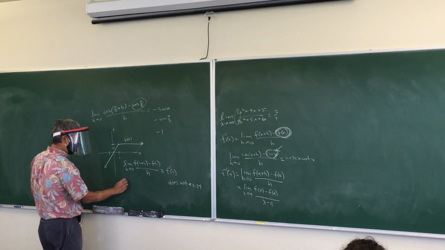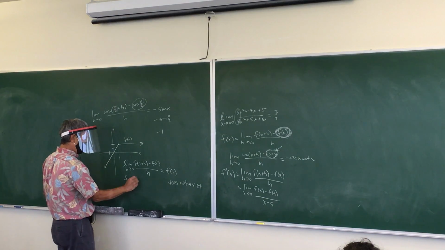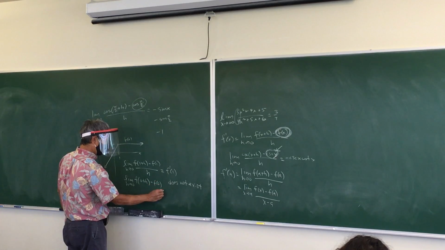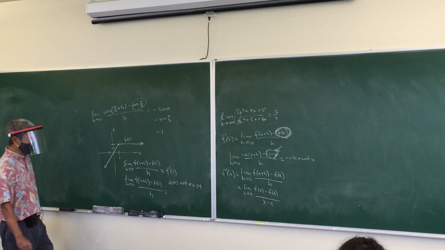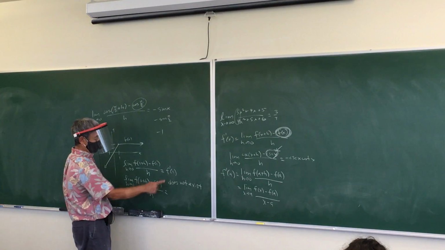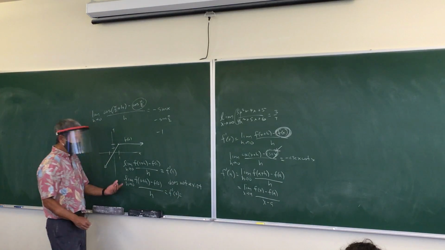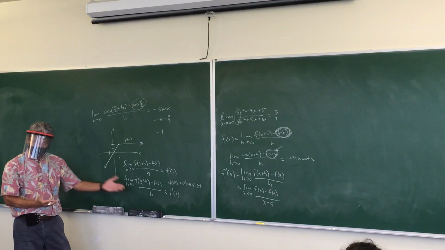Okay, what about this? What is the limit as h approaches 0 of f of 0 plus h minus f of 0, all over h? Well, what is that equal to then? F prime of 0, right? Whatever number is here, you're computing the slope at that point.